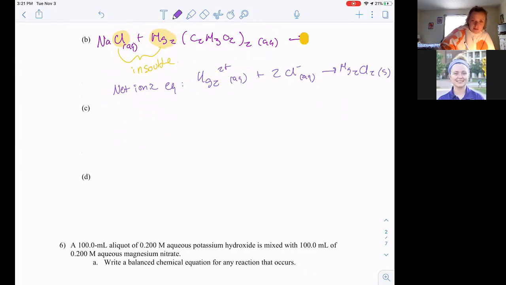Okay, so then we have (NH4)2SO4 aqueous plus SrCl2 aqueous.